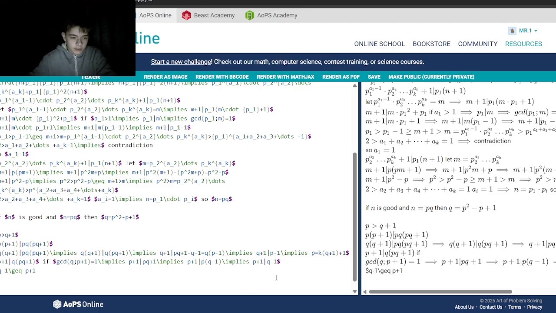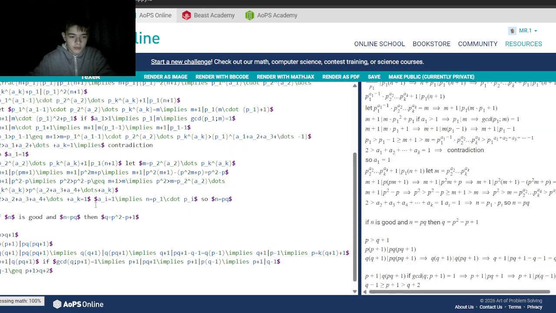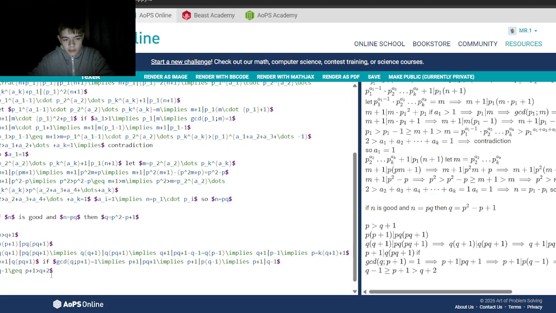But we know that p is more than q plus 1, so this is more than q plus 1 plus 1, which is q plus 2, and we get that q minus 1 is greater than q plus 2, which is a contradiction.